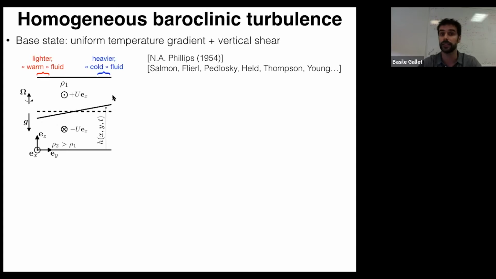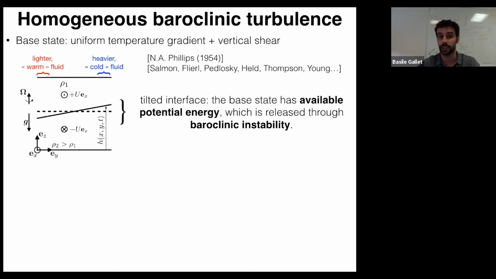And this base state is going to be unstable and subject to the baroclinic instability. So this tilted interface is associated with potential energy because you would have less gravitational energy if the interface were flat. And what the system is going to do is try to release that potential energy by producing turbulence through the baroclinic instability, hoping to flatten that interface.